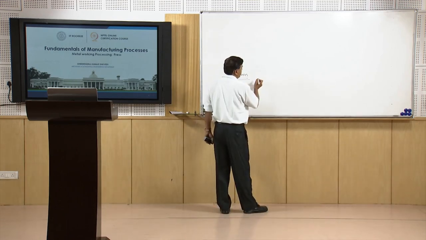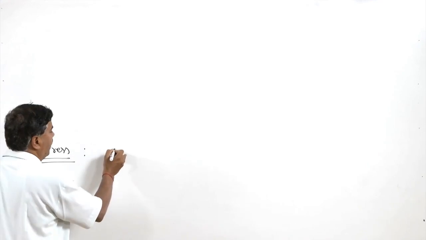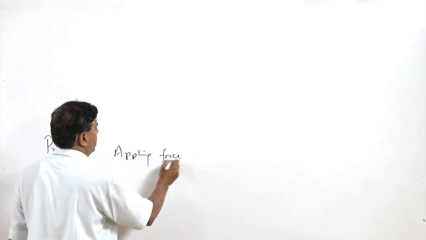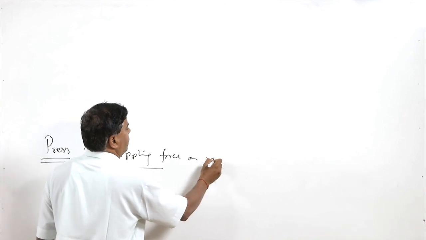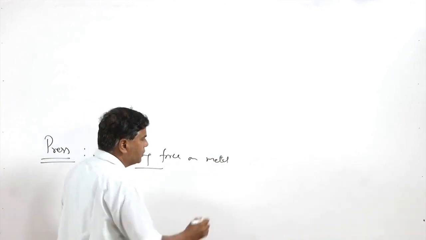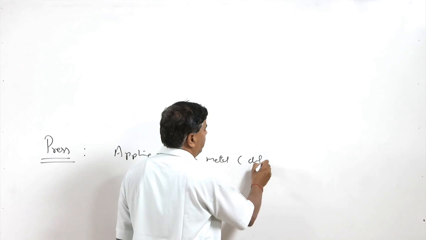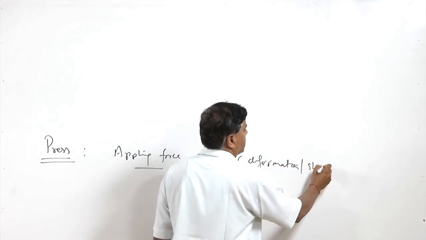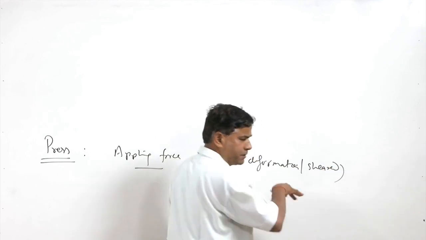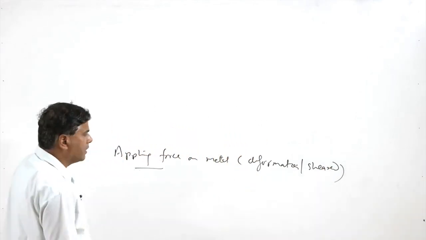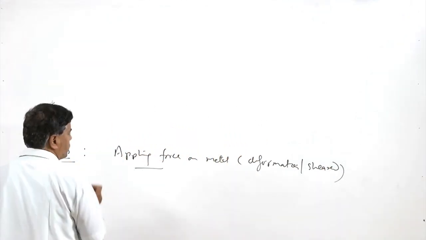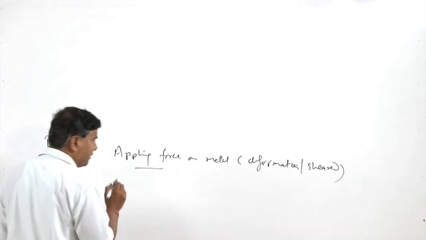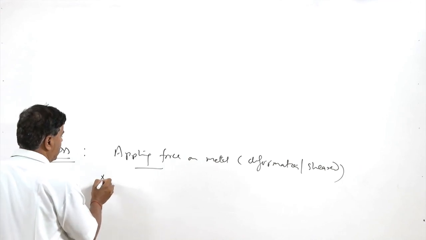The press is primarily used for applying the force onto the metal, so that either the deformation is achieved or it is sheared off. Shearing helps to facilitate the removal or the cutting.